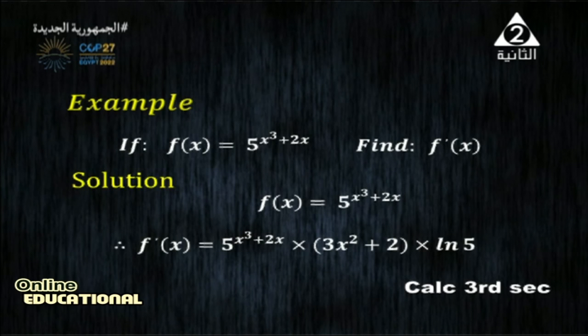What is the derivative of x power 3 plus 2x? Yes, the derivative of x power 3 plus 2x is 3x power 2 plus 2. Then the derivative of the function 5 to the power x power 3 plus 2x is 5 to the power x power 3 plus 2x multiplied by (3x power 2 plus 2) multiplied by ln 5.